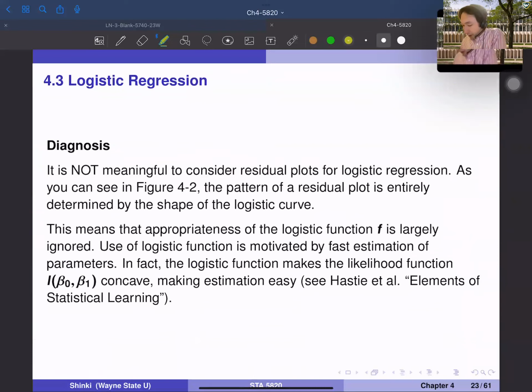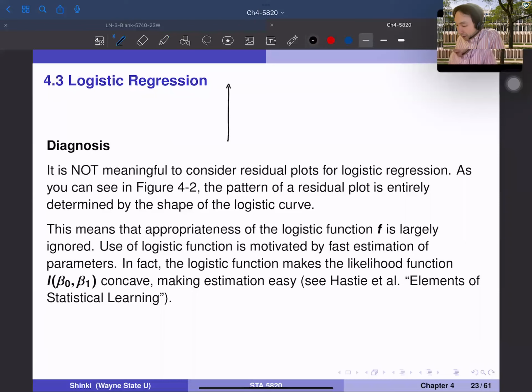Yeah, and the diagnosis. In linear regression, we do the residual plots, right?